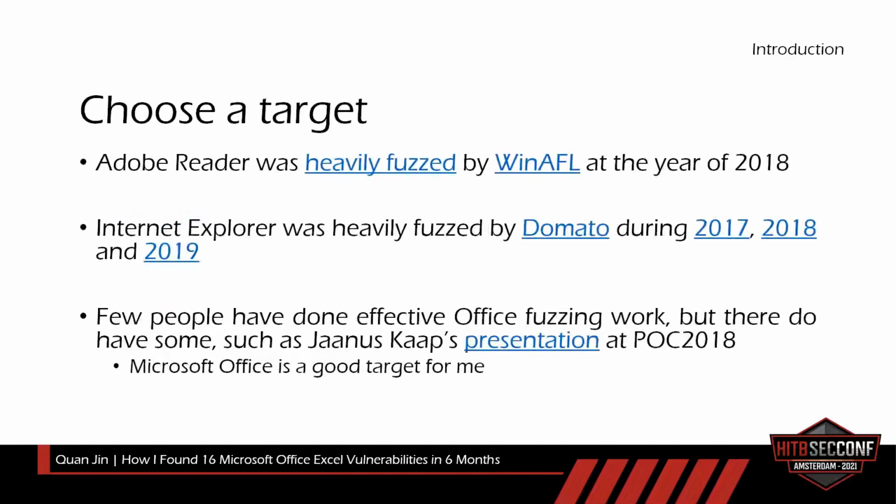There are several candidates: Adobe Reader, Internet Explorer, and Microsoft Office. Let's review them one by one. Adobe Reader was heavily fuzzed by WinAFL in the year of 2018. Internet Explorer was heavily fuzzed by Domato during 2017, 2018, and 2019.